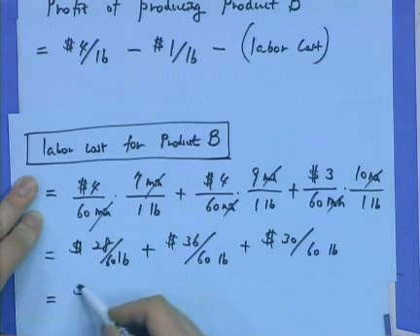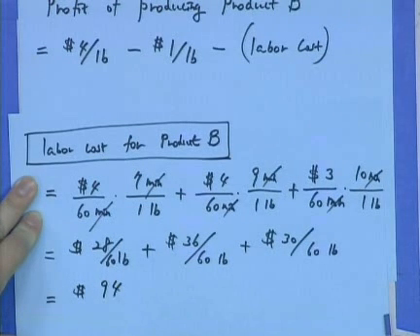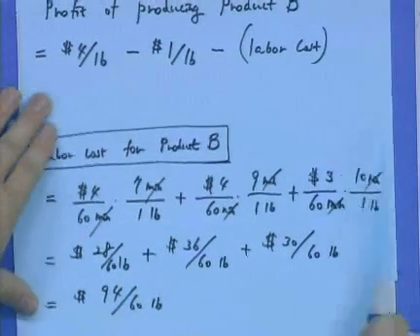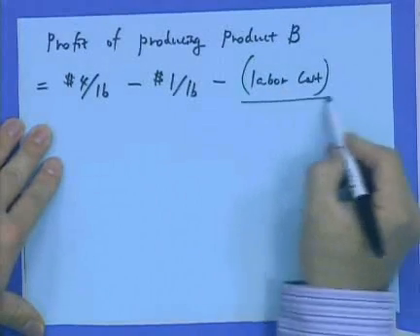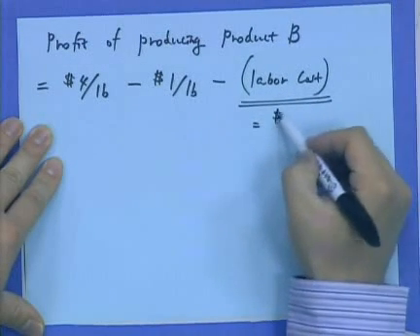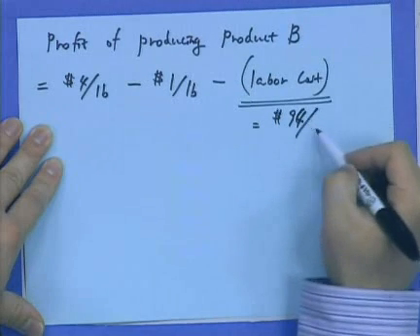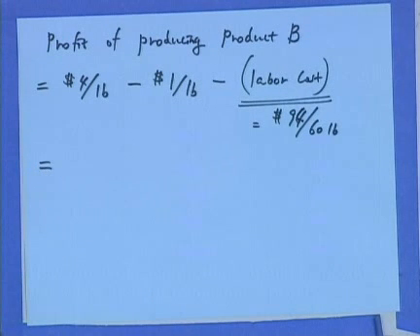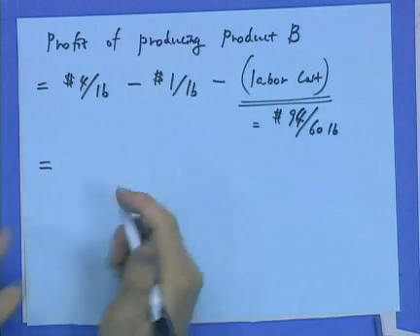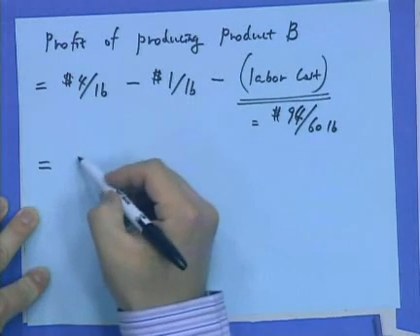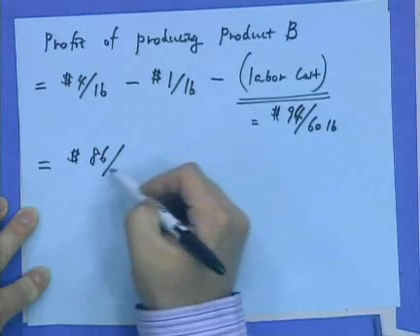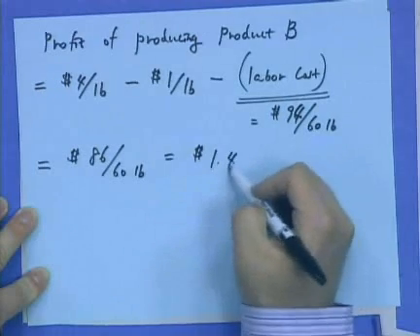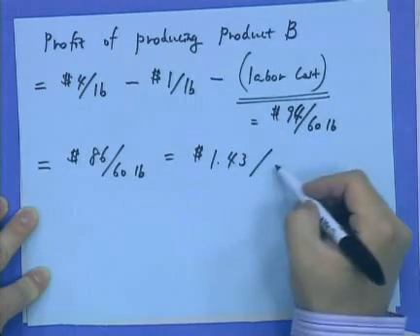And this becomes $94 per 60 pounds, right? So this value, labor cost, is $94 per 60 pounds. So the profit of producing the product B would be $86 per 60 pounds, which becomes $1.43 per pound.